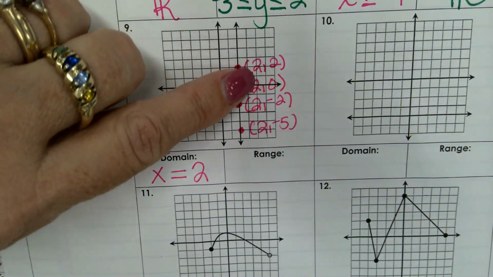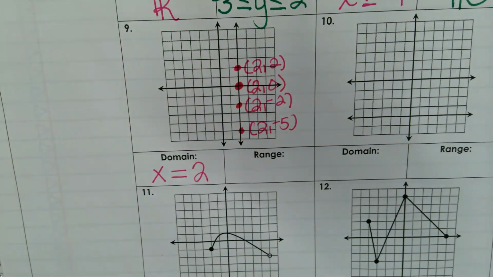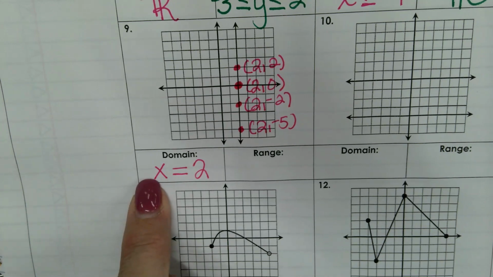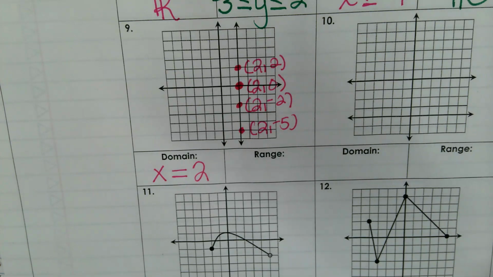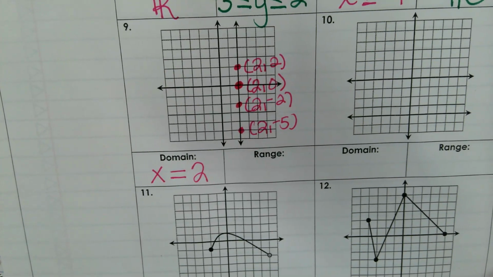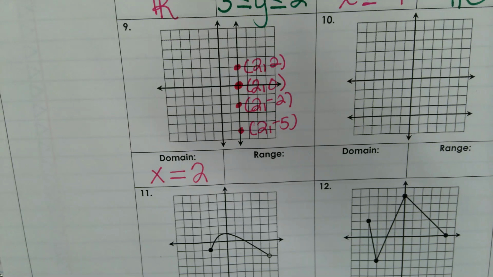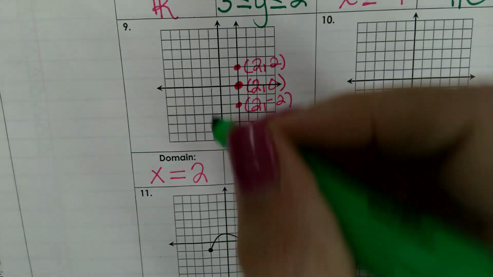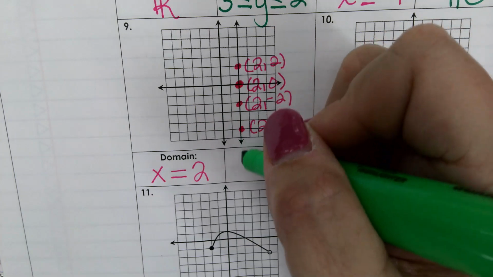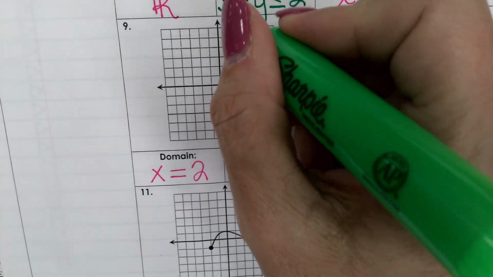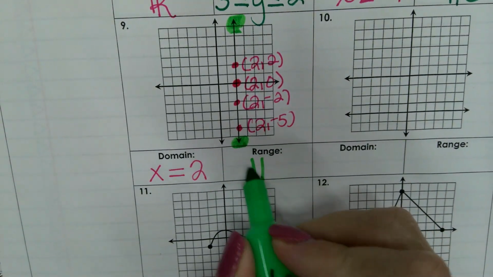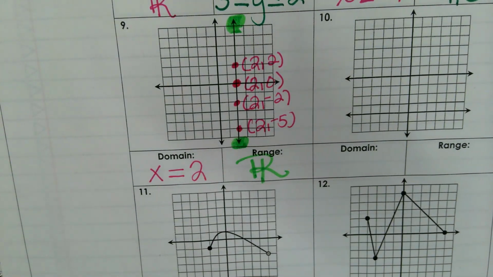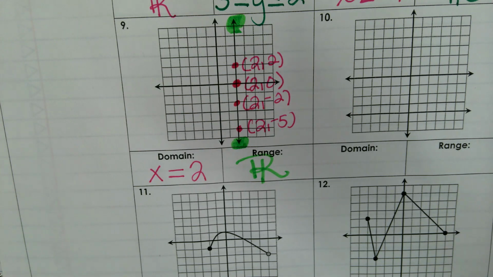So notice all of the x coordinates are 2. They all are 2. Now what's the range? What is this graph doing as we go up and down? Is it starting and stopping anywhere? Nope, and you're right, it's all real numbers.